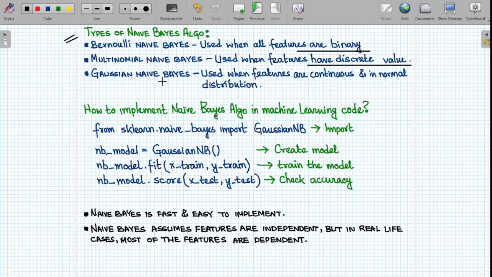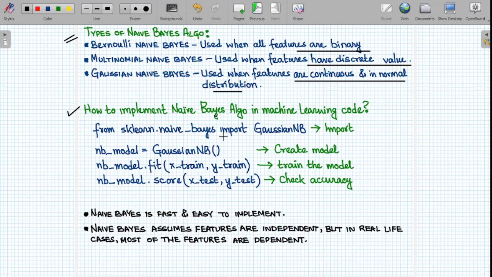We apply Gaussian Naive Bayes when the features are continuous and in normal distribution. If you remember all these thumb rules, you can easily identify which Naive Bayes algorithm to apply for a specific machine learning classification problem. Let's understand how we can implement Naive Bayes algorithm in our machine learning code.